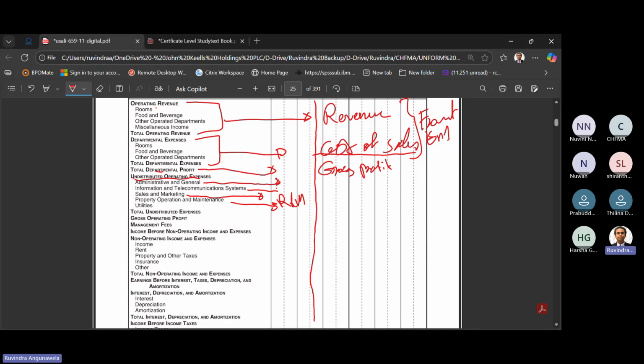Then we have utilities. Now for utilities in the USALI and commonly in the hotel industry, we use a term called HLP. Who can tell me what HLP stands for? I'm sure you would have heard this term before.